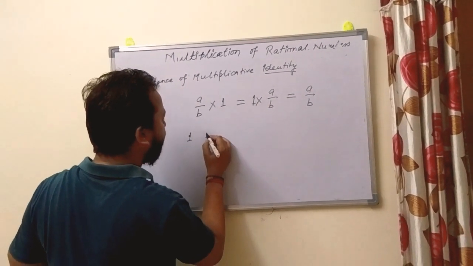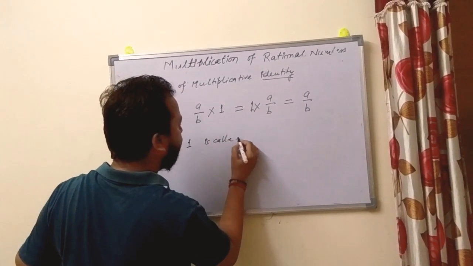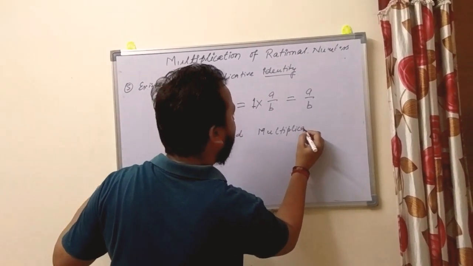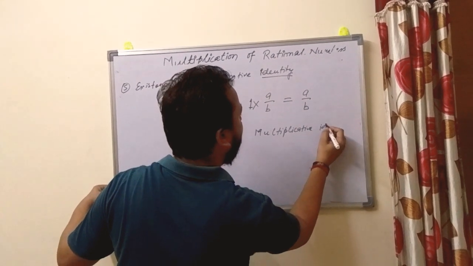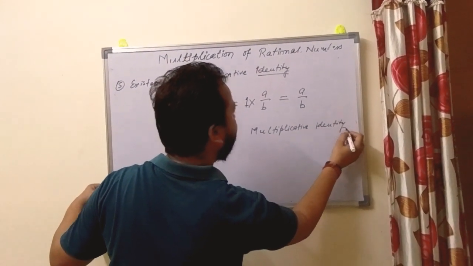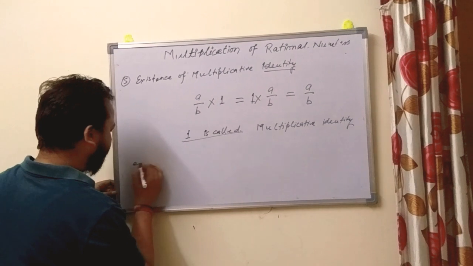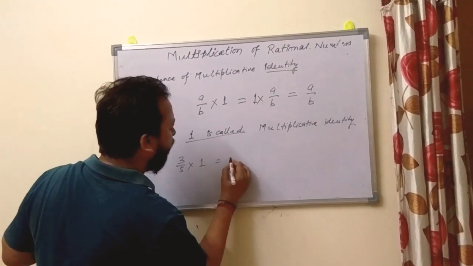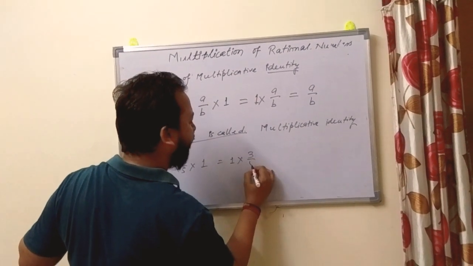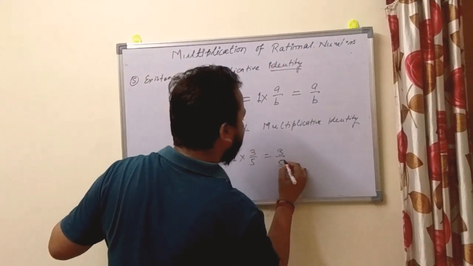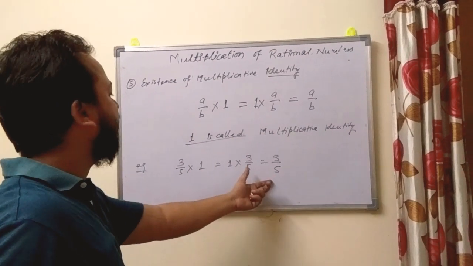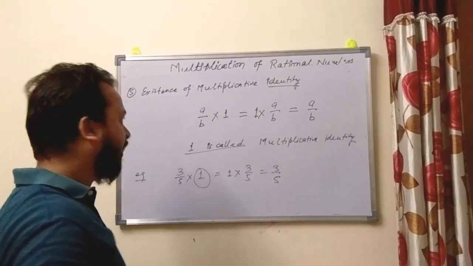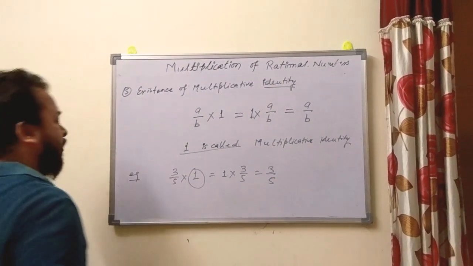So 1 is called multiplicative identity, right? Example, suppose 3 by 5 multiplied by 1 or 1 multiplied by 3 by 5, the answer is always 3 by 5. So multiplicative identity of 3 by 5 is always 1, right? So this is the fifth property.